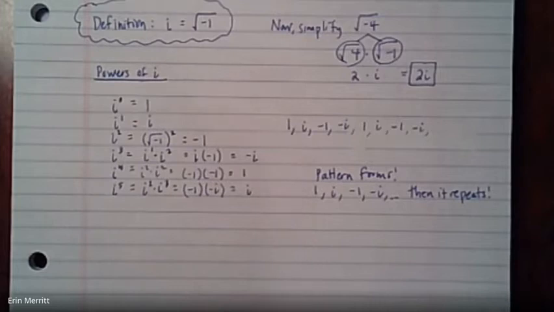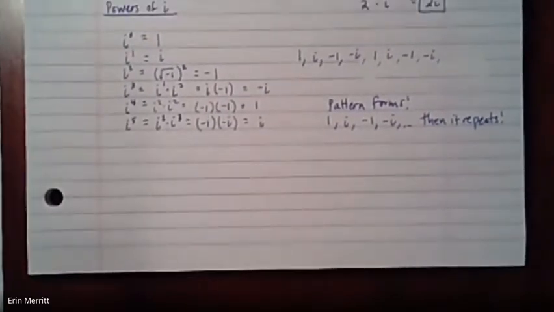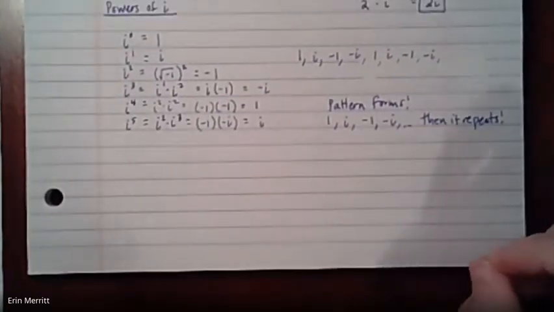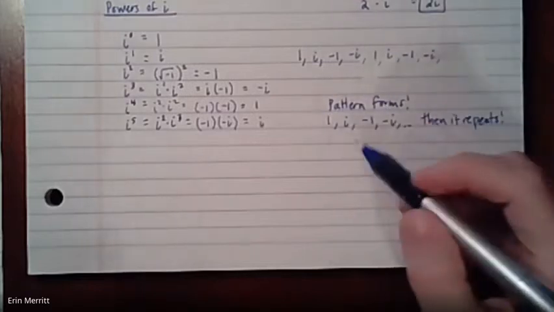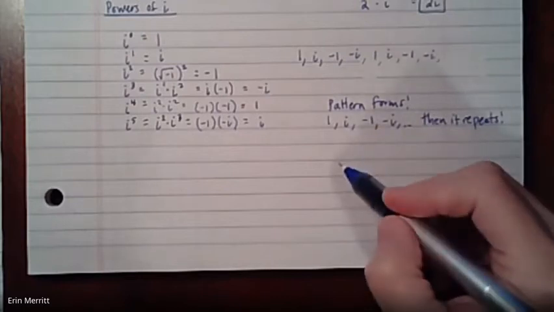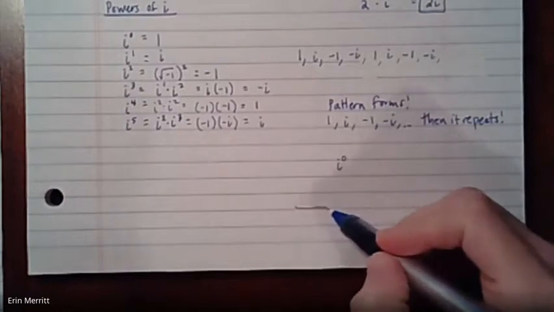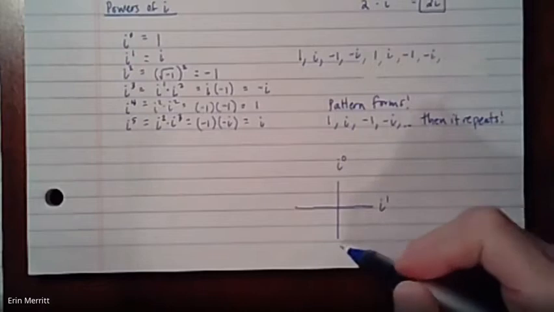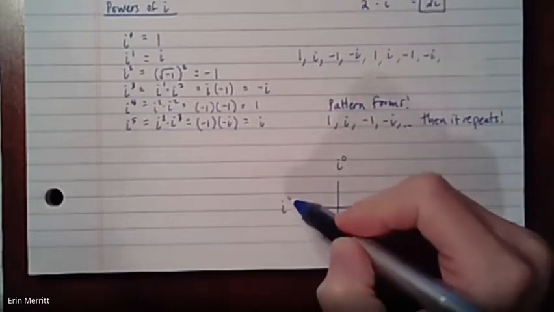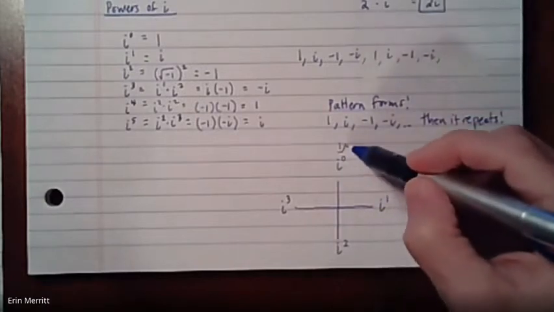Now, I've seen people show this pattern a couple of different ways. One way to show it is to create a little clock. I have to always very carefully set up the clock so that I don't confuse you or myself. With the little clock, we're going to put i to the 0 here, and then give yourself almost like a little set of axes: i to the first power, i to the second power, i to the third power. i to the 0 we said was 1.